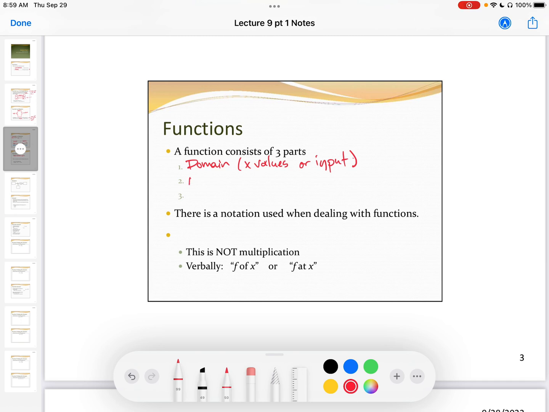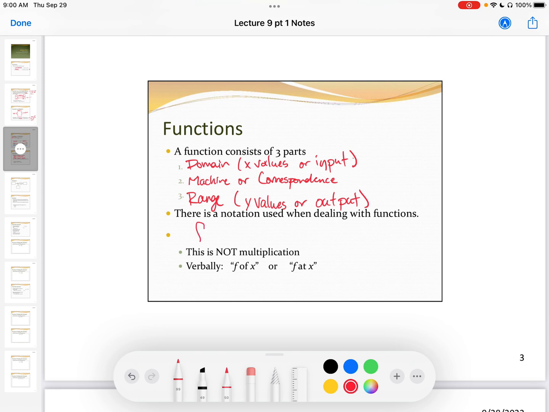Part two is going to be either the machine or the correspondence, however you're defining it. And then lastly, part three, we have our range. Your range is the same thing as your y values or your outputs, depending on how you talk about your functions.